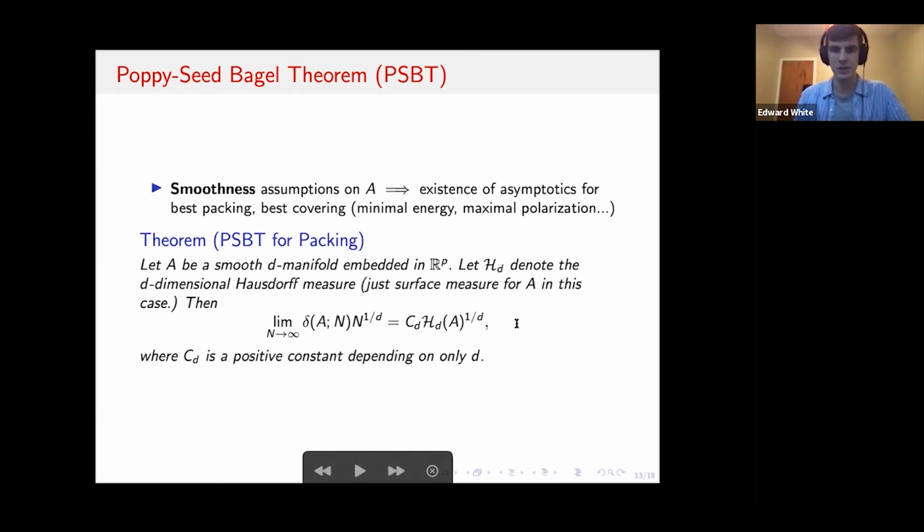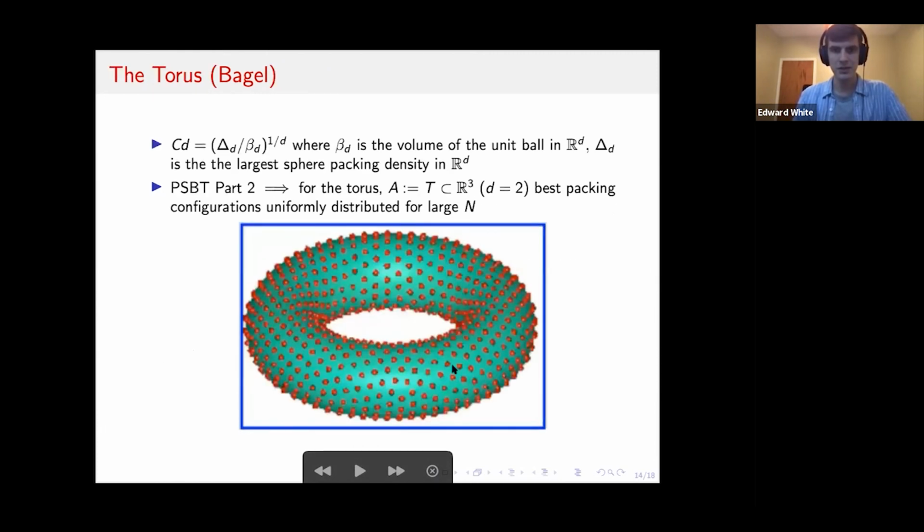So we regulate it to 1 over D. And we can see this with the picture on the following slide, why it's called the Poppy-Seed Bagel theorem. So here I have a torus, which looks like a bagel, and I have my poppy seeds, which are the configuration points, and I've equally spread them all across the surface of the bagel.